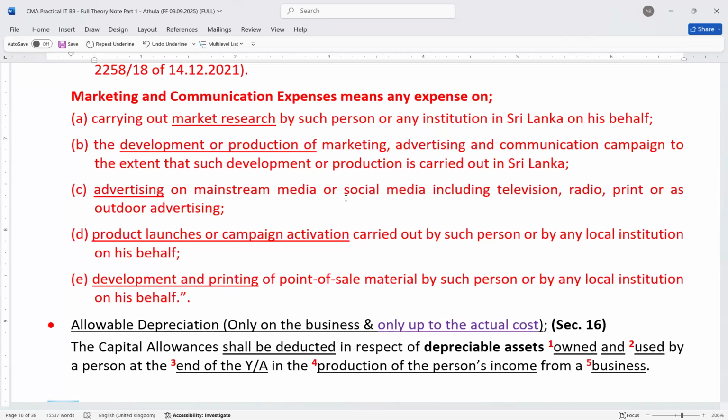Then B, the development or production of marketing, advertising, and communication campaign to the extent that such development or production is carried out in Sri Lanka.